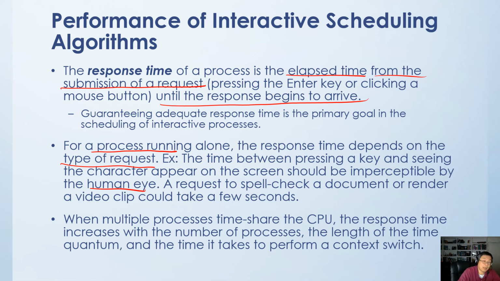Once you click to do the spell check, until it completes the job, you may see some kind of delay. Now, when multiple processes time share the CPU, this increases the response time for each individual process. Now let's take a look at the following.